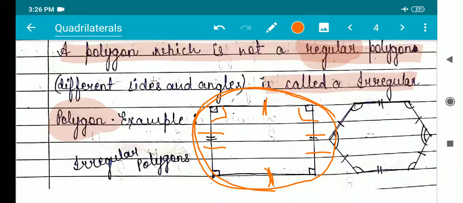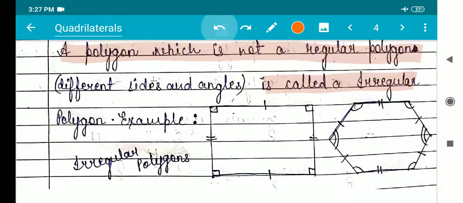So this is simply an irregular polygon. This figure is also an irregular polygon because their angles are equal, but as in the rectangle, their sides are not equal. So this is called irregular polygons.